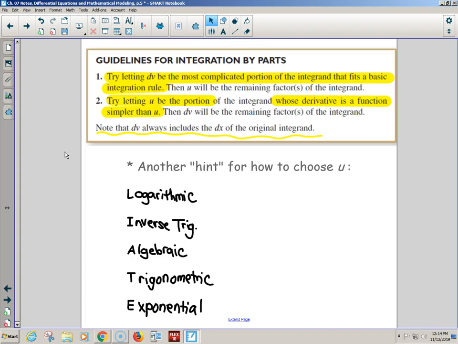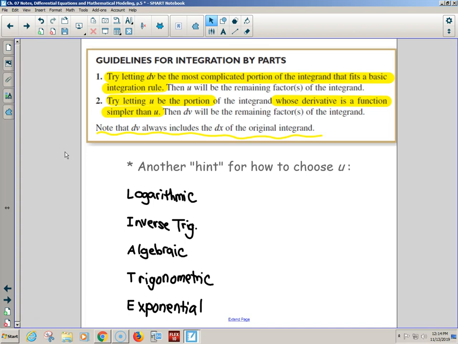Now, we've already talked about choosing u where the derivative is simpler, and sometimes that means taking a derivative of an ln and the ln's gone, thank goodness, or taking a derivative of an inverse trig and the inverse trig is gone, thank goodness. Ln's and inverse trig, I don't mind if I see their derivatives, but I rarely want to see them inside an integral.